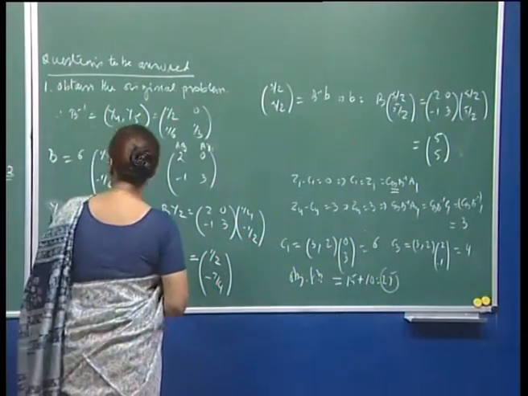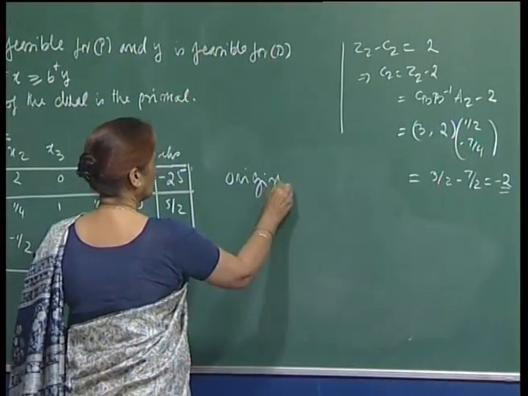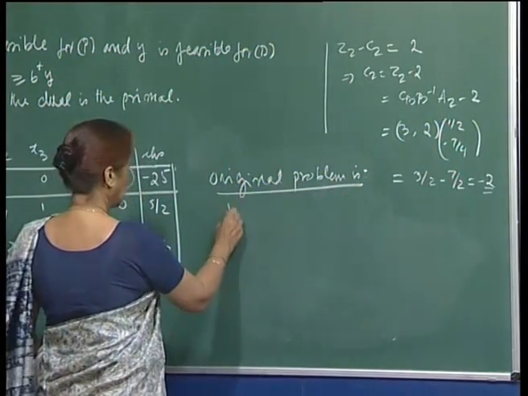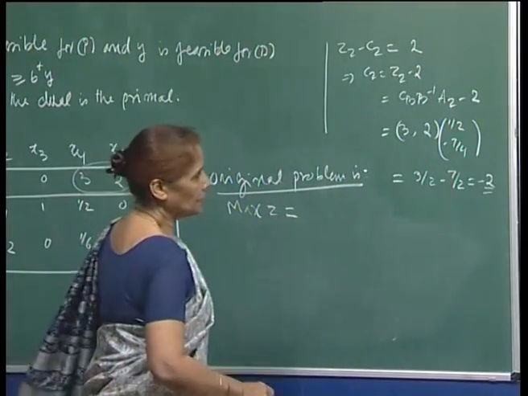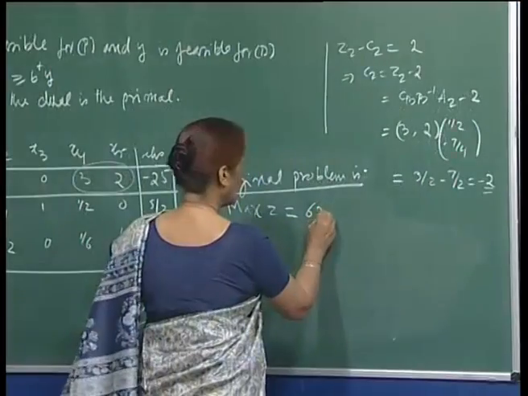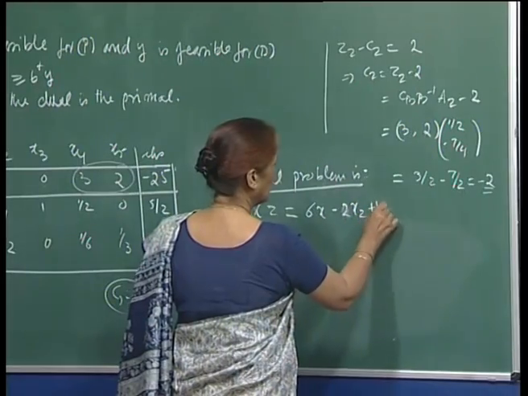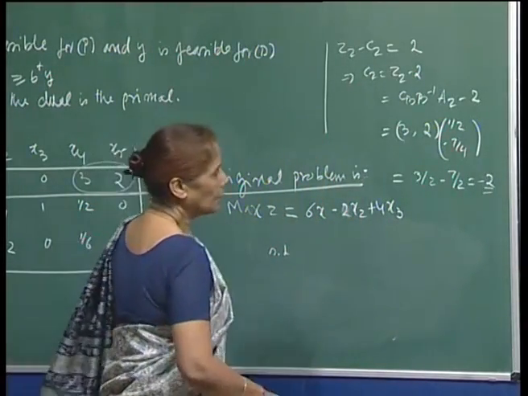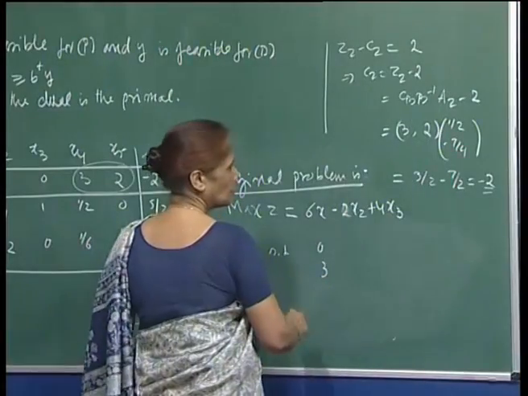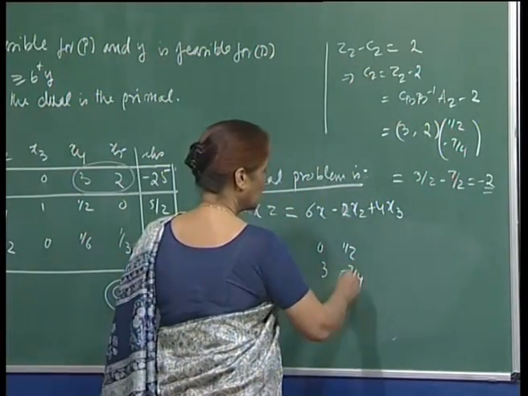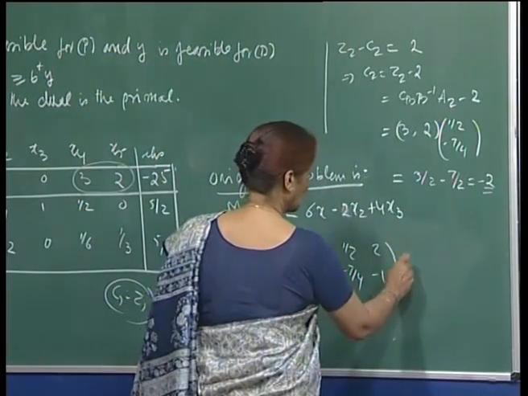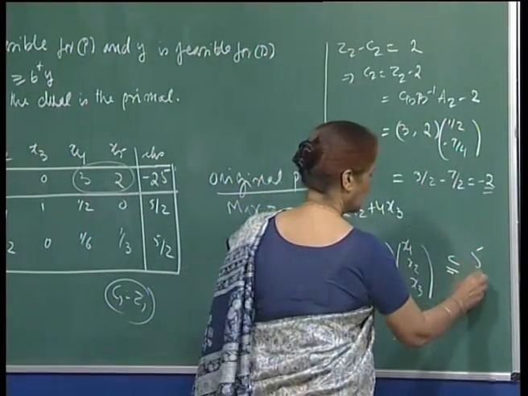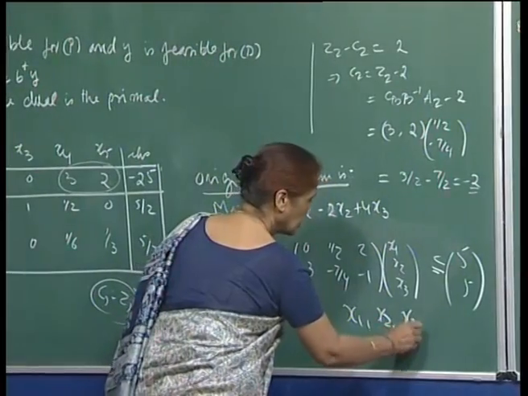The original problem is: maximize Z equal to 6 x1 minus 4 x2 plus 4 x3, with x4 and x5 having coefficient 0, subject to the matrix whose columns are A1, which is 0, 3, A2, which we found to be 1 by 2, minus 7 by 4, and A3, which is 2, minus 1, times x1, x2, x3, with constraints of the less-than-or-equal kind, the right hand side being 5 and 5, and x1, x2, x3 greater than or equal to 0.